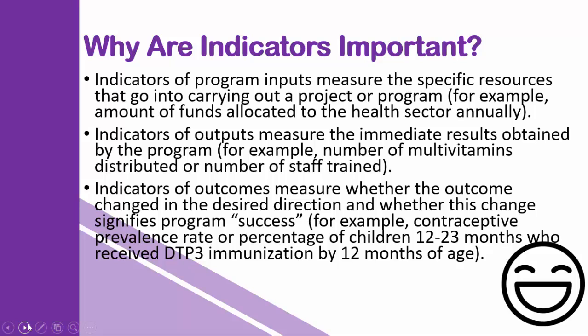Because if they're not properly developed, at the end of the day, you can't report clearly what you should have been reporting correctly. So they are basically there to help us measure, to help us gauge. If you're ever going to be able to measure progress, it's because you have indicators well defined.